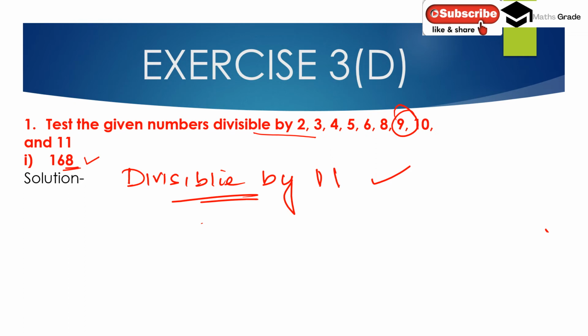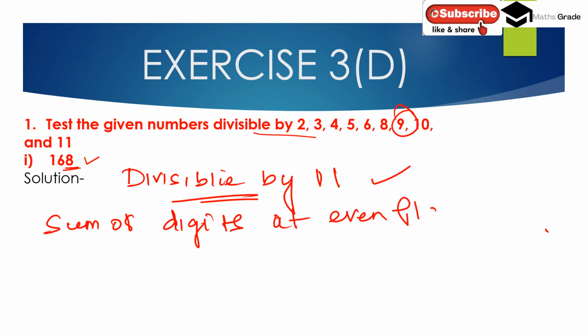Sum of digits at the even places is 1 plus 8, which is 9. And sum of digits at the odd place is 6.